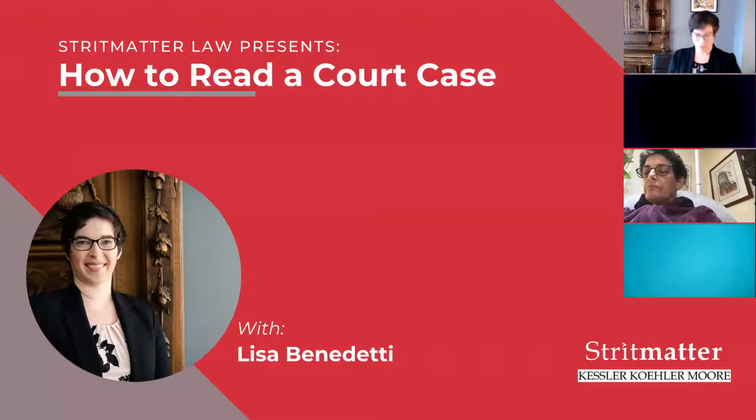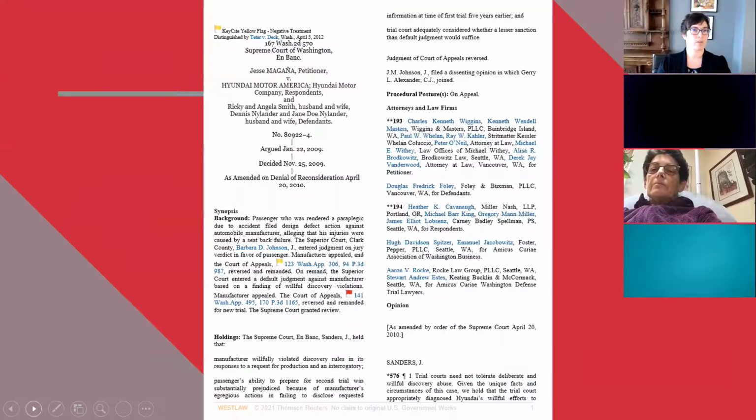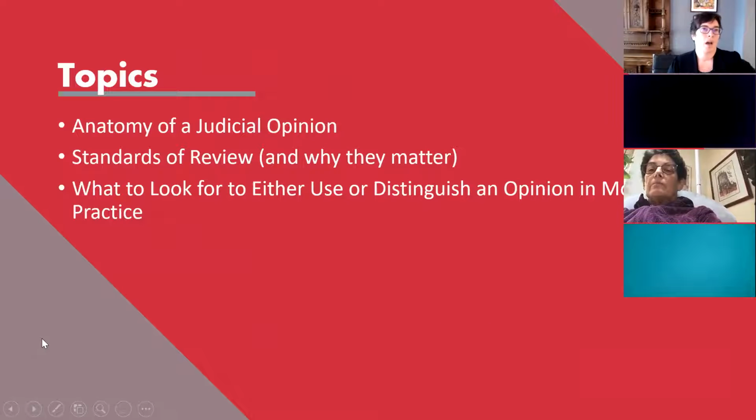So we are here to talk about how to read a case. The basic topics we're going to cover today start with the anatomy of a typical judicial opinion. We're going to cover standards of review, because that's always a very important thing to consider when reading the opinion and when using an opinion as an authority.